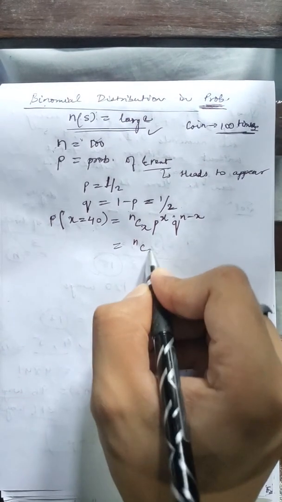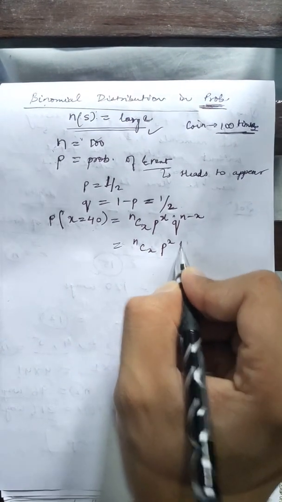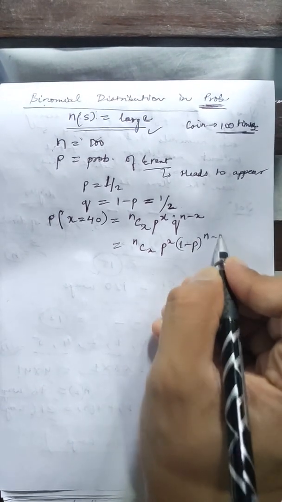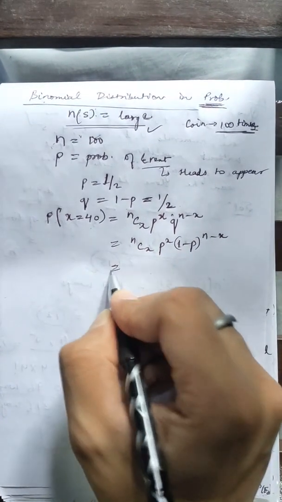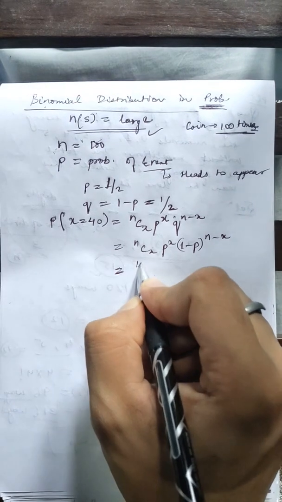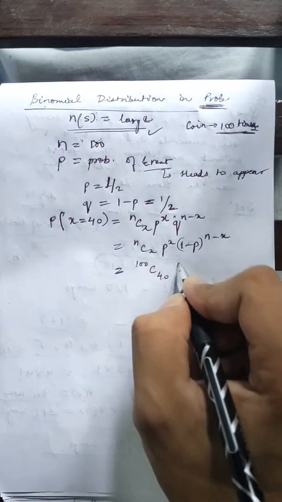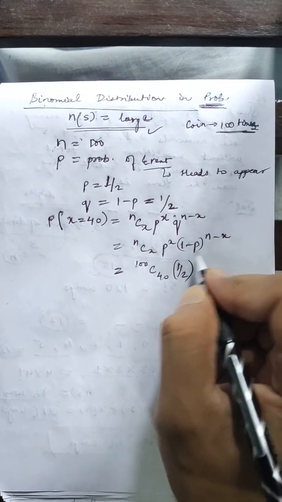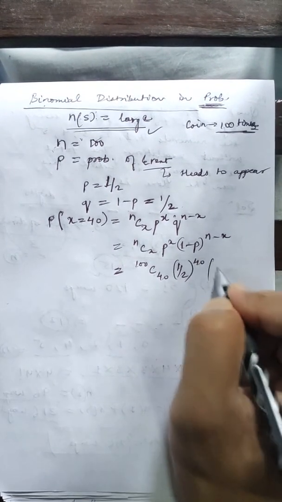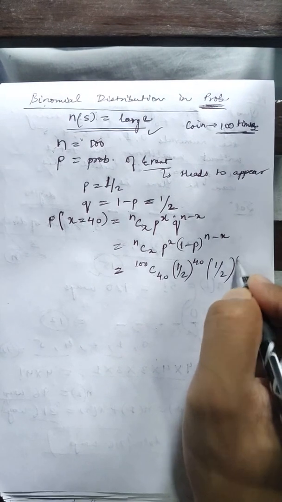This is equal to nCx p to the power of x, (1 minus p) to the power of n minus x, or simply 100C40, p value is half, to the power of x value 40, and half to the power of 60.